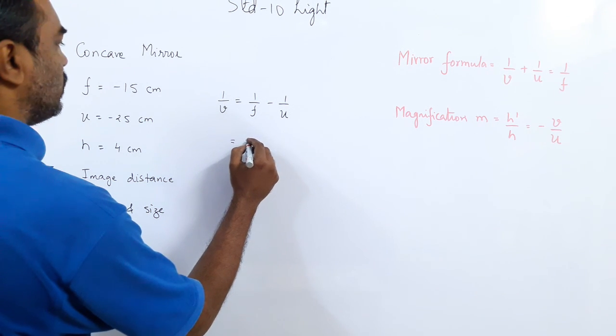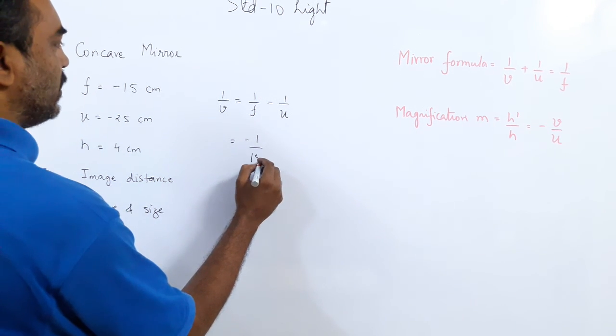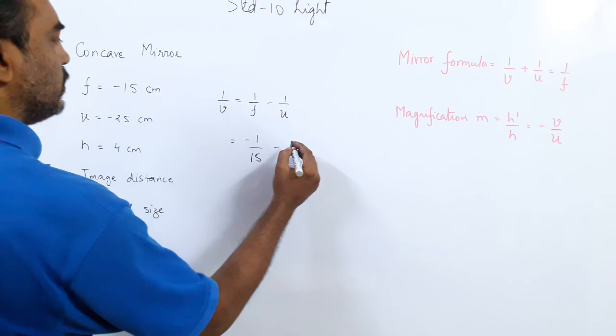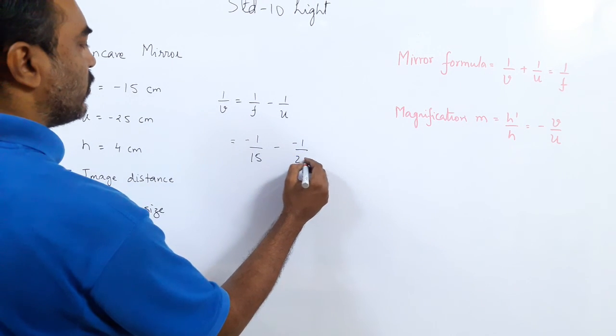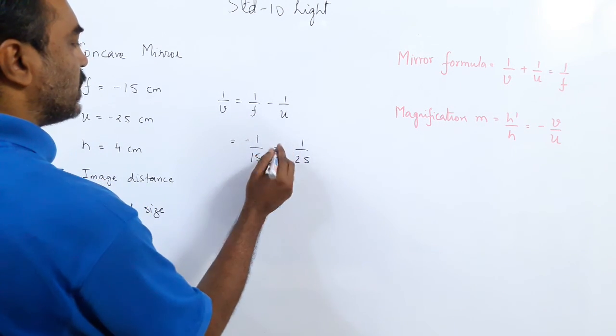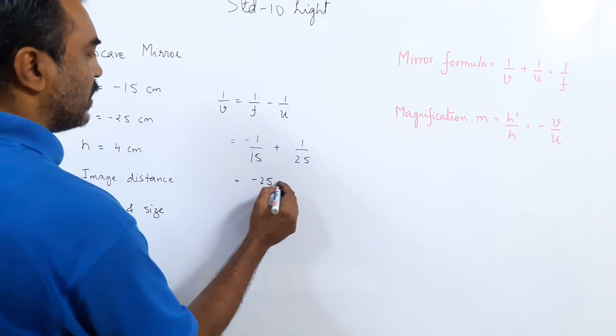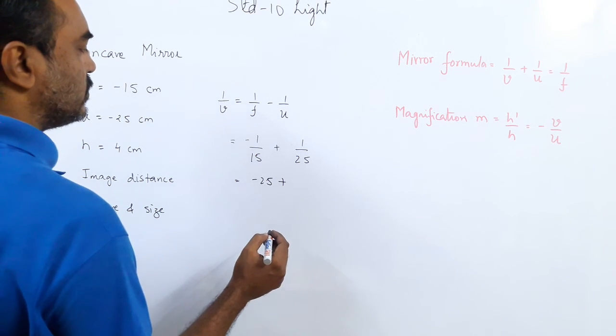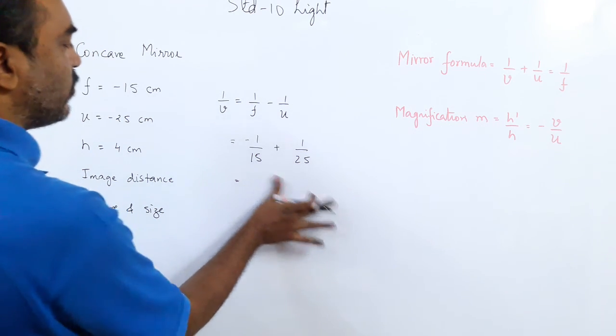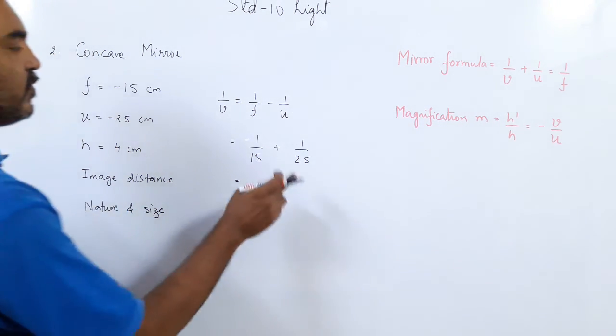f is minus, so minus 1 upon 15 minus u, minus 1 upon 25. So the minus minus becomes plus. We can do the LCM. What is the LCM of 15 and 25? It is 75.